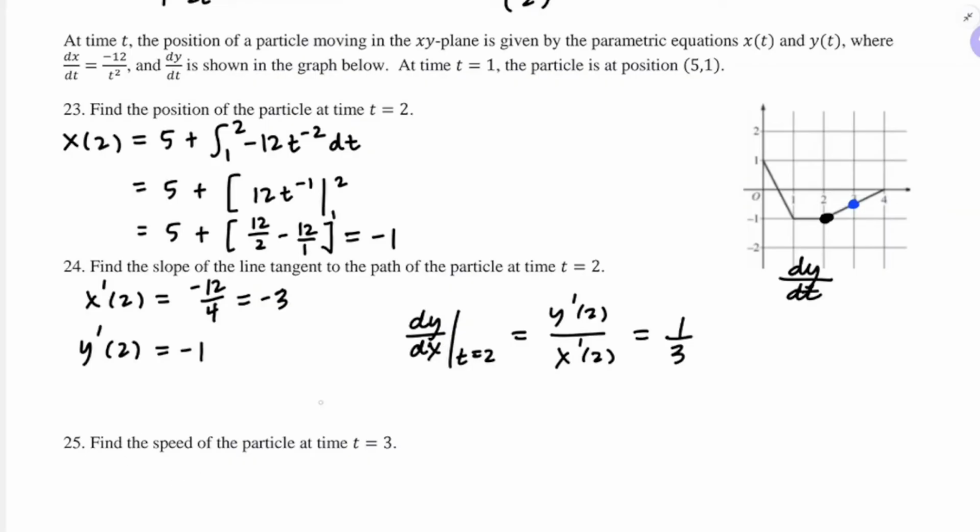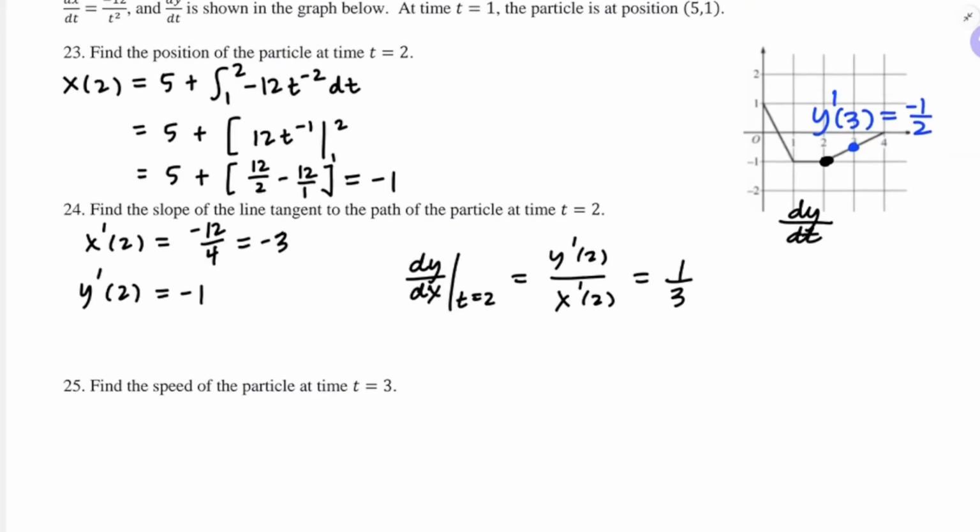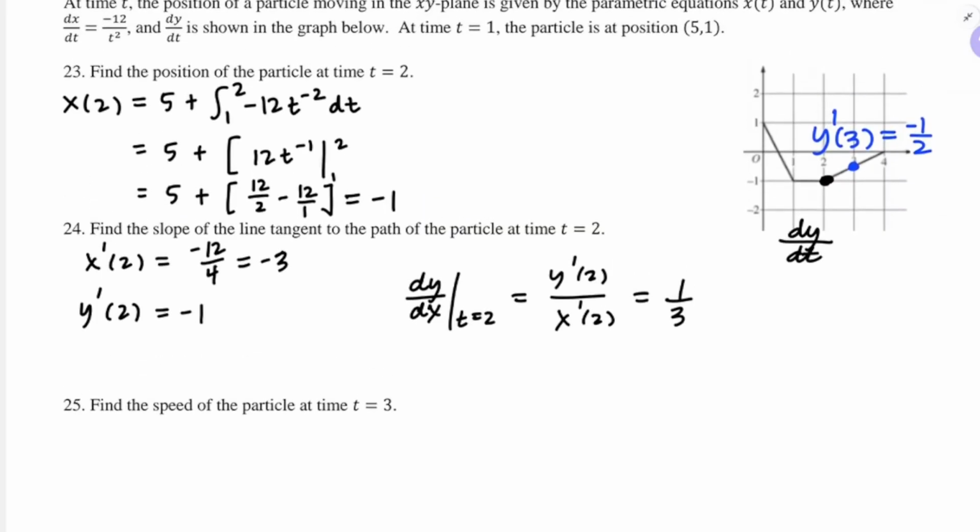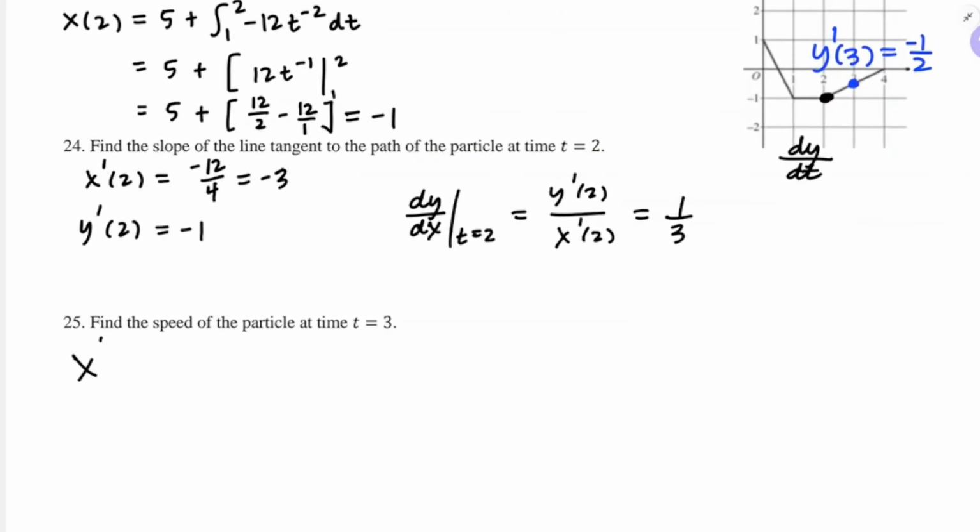So I'm saying y prime of 3 is negative 1/2. And then what I'm going to need here is negative 12/t squared, negative 12/9, which is negative 4/3.